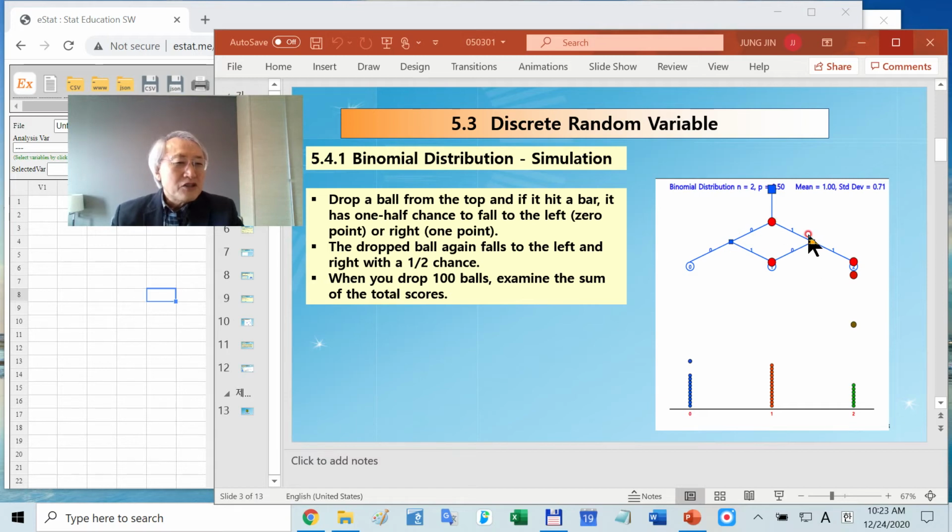If the ball hits this position, there's another chance it can go to the right-hand side or left-hand side with half probability. Actually, this is a simulation of the binomial. If you give 1 point for the right-hand side and 0 points for the left-hand side, and accumulate them, we are counting the number of heads. It's a simulation of binomial.